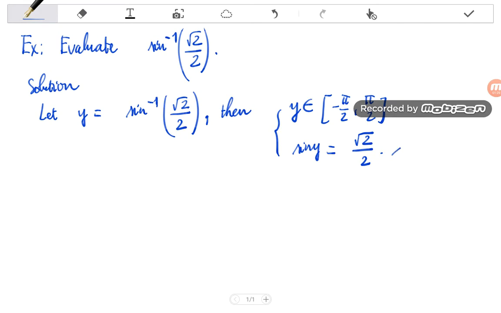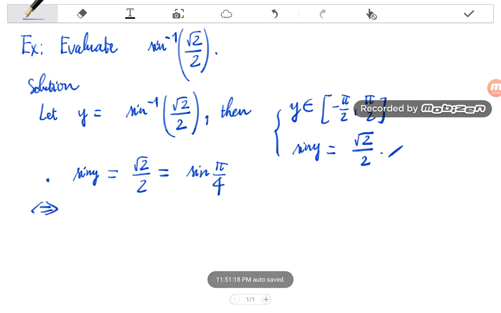First, we consider the equation sine of y equals the square root of 2 over 2. We know the square root of 2 over 2 is the sine of pi over 4. So we have the equation sine of y equals sine of pi over 4.